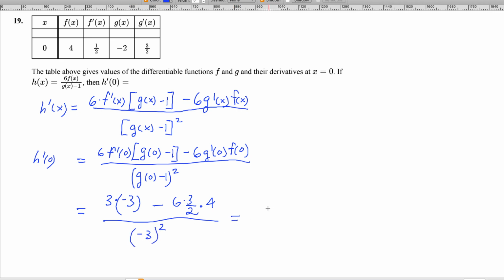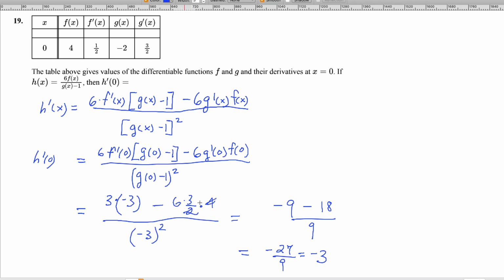I'm going to get here negative 9 minus 9 over 9, times 2 is 18, and then I'm going to get negative 27 over 9, which is negative 3. Let's make sure I did this correctly.